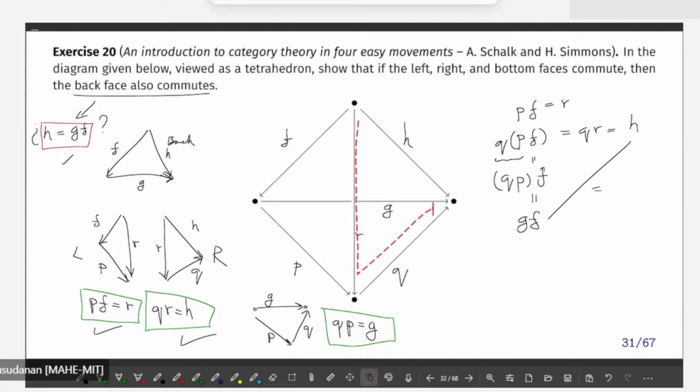And now you also know that the right face commutes, so this is equal to the single arrow H. So you start with this as the first step, then that becomes this as a second step, and that becomes this in the third step. Try to do it visually, but if you want to be careful, write it down and check.